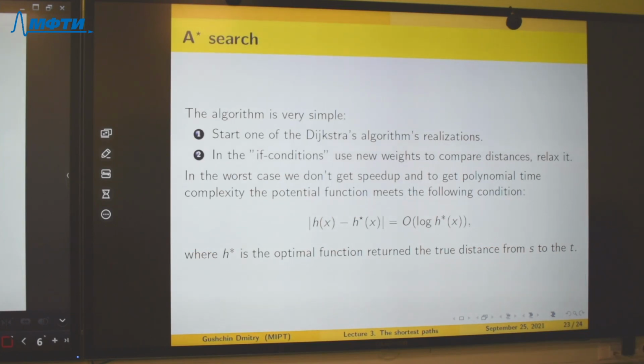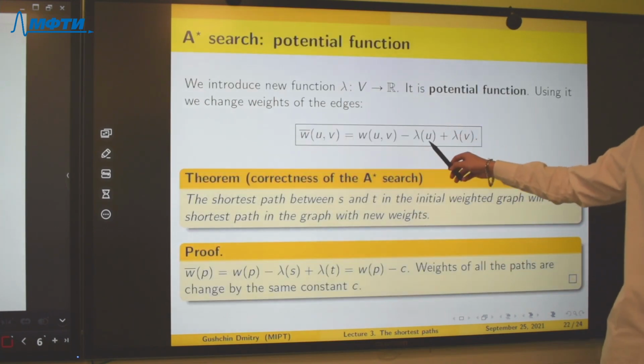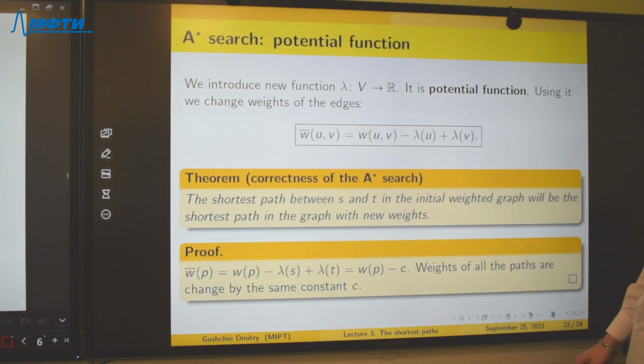Of course, in the worst case, we don't get a speedup. It is interesting that if we get a bad potential function, we cannot improve but worsen our algorithm, and it can work slower than Dijkstra algorithm.